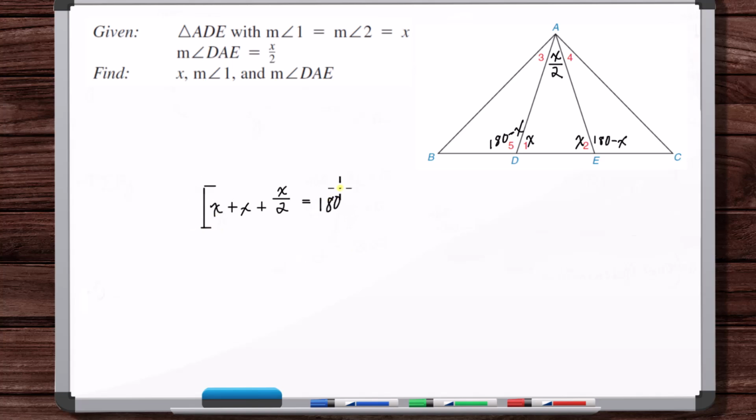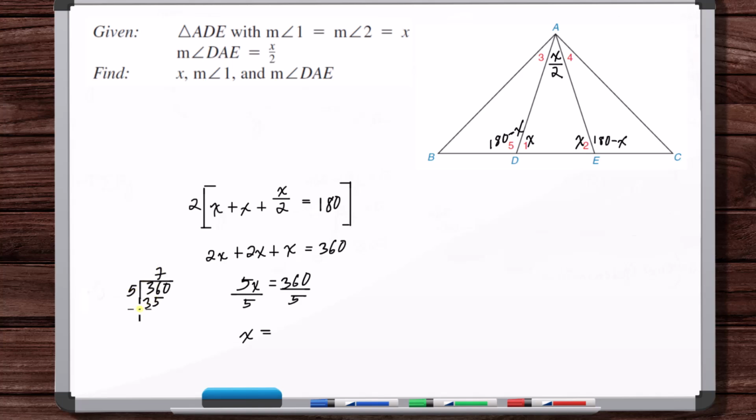So now let's multiply this entire equation by 2. So 2x plus 2x plus x is equal to 360. So 2x plus 2x plus x is 5x. Okay, so let's see. 360 divided by 5. So x is 72. Okay, so there's x. 72 degrees.